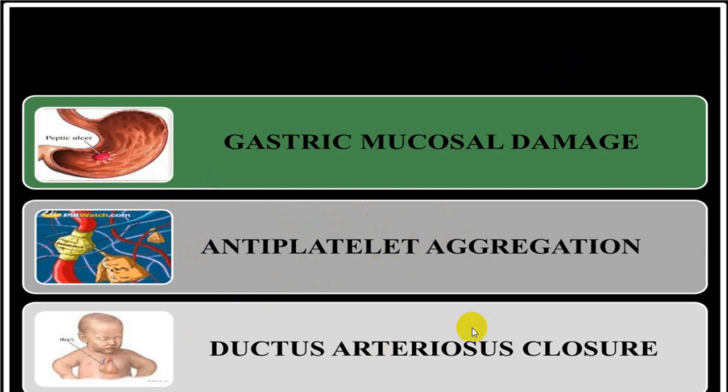It is also useful for duct closure, because when those are given, it will give rise to closure of the duct, patent ductus arteriosus. There are only two compounds very commonly utilized, indomethacin and aspirin. Indomethacin is much more commonly utilized than aspirin. So for duct closure, indomethacin is of use and no other drug is effective.